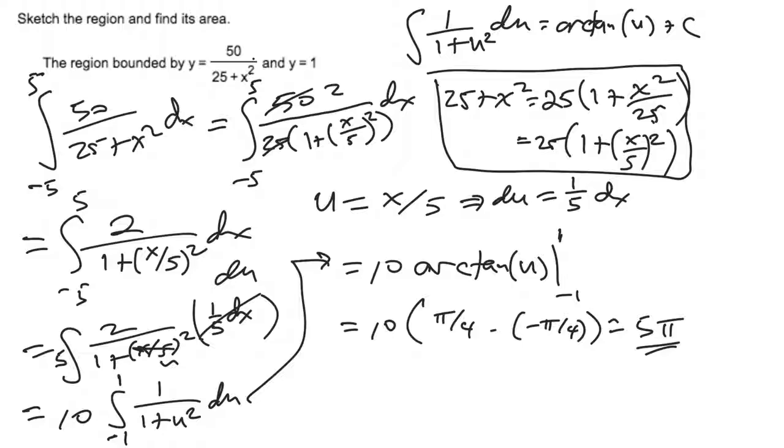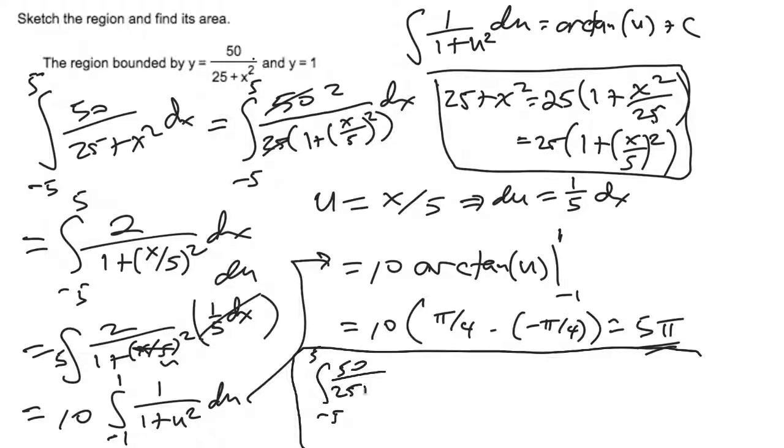The actual integration problem, remember, was going from minus 5 to 5 of this thing that we just did, minus 1. And so that's going to be the integral of this thing that we just did minus the integral of 1.